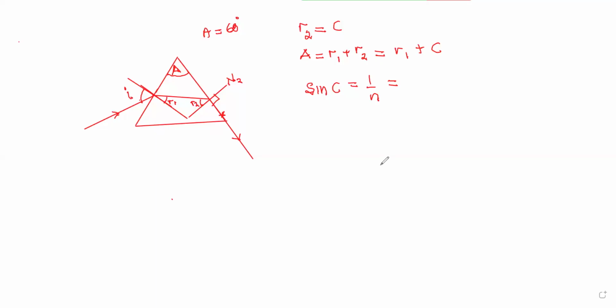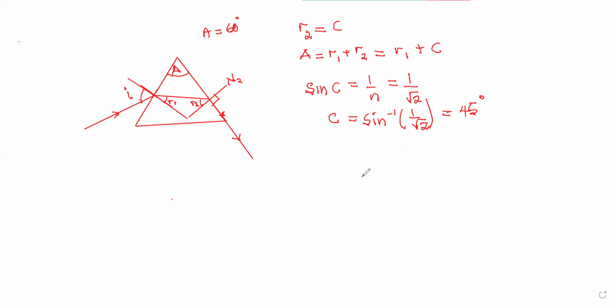So, what is the refractive index of the glass? Yes, class, what is the refractive index of the glass as given in the question? Root 2. Therefore, C is equal to the sine inverse of 1 over root 2, and this is 45 degrees.